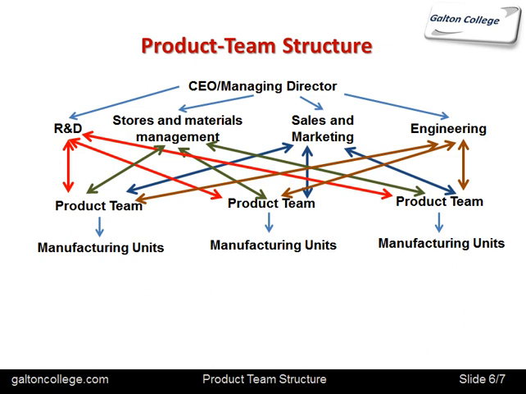You can also see the opportunity for confusion in communications. It requires very thorough and clear instructions, very precise instructions from the product team to the functional areas.